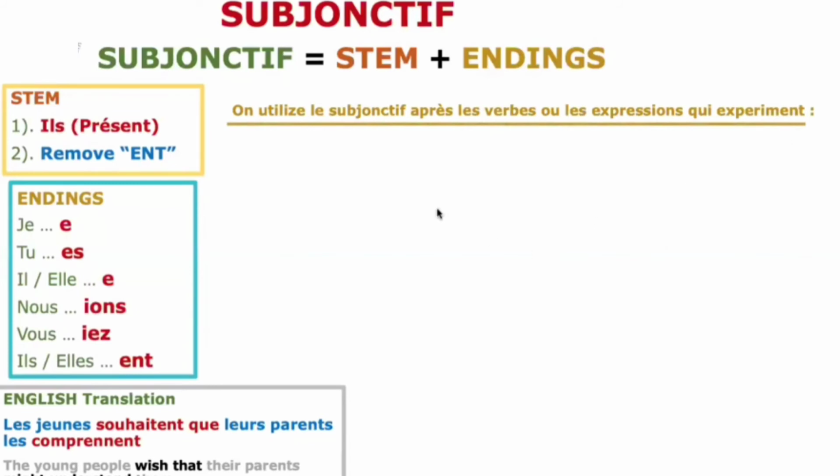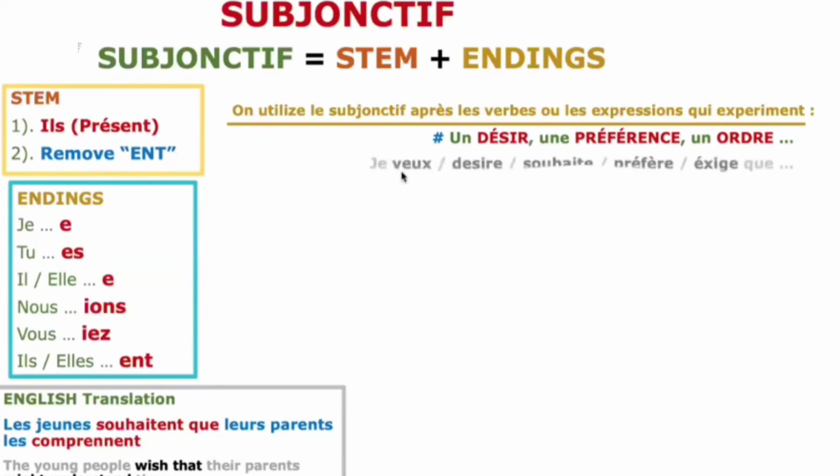I told you subjunctive is used after expressions that talk about desire, preference or order. Whenever you find these expressions in the sentence, after that, if you find a verb, that verb should be in subjunctive tense.